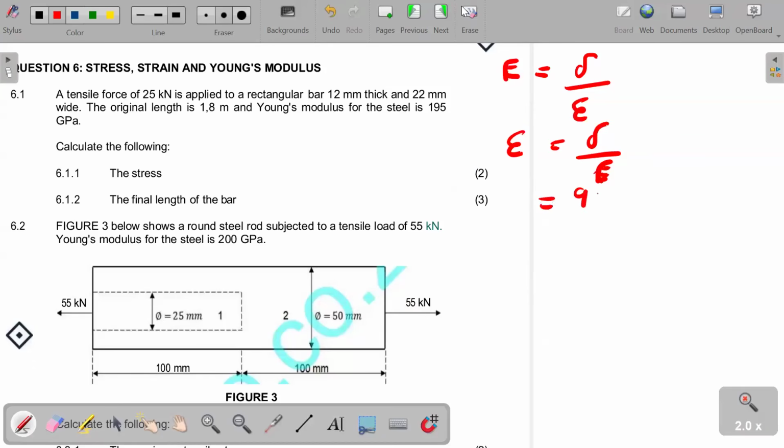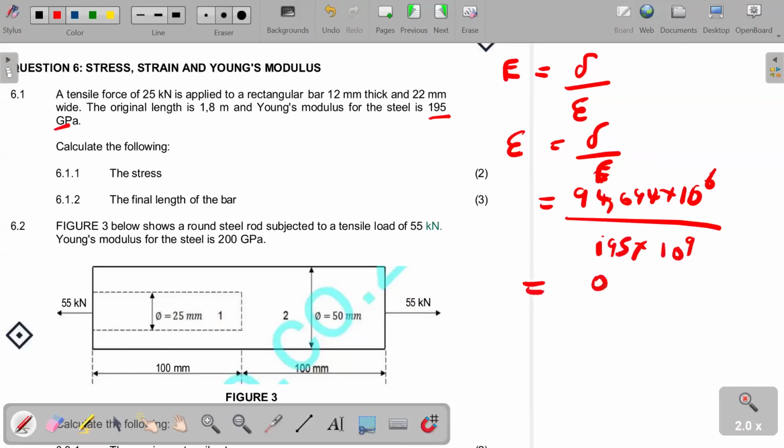So that means we have 94.697 multiplied by 10 to the power of 6 divided by the Young's modulus, 195 times giga, that's 10 to the power of 9. So that gives us 0.486 times 10 to the power of negative 3.